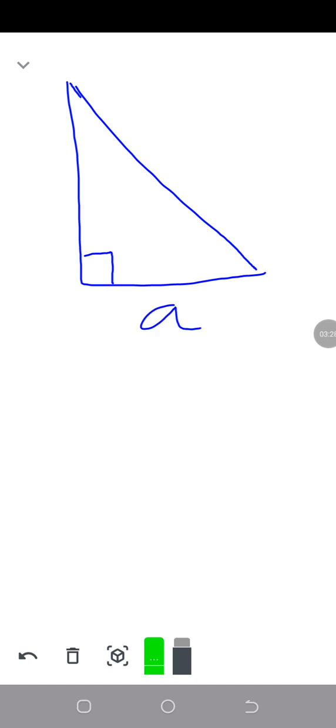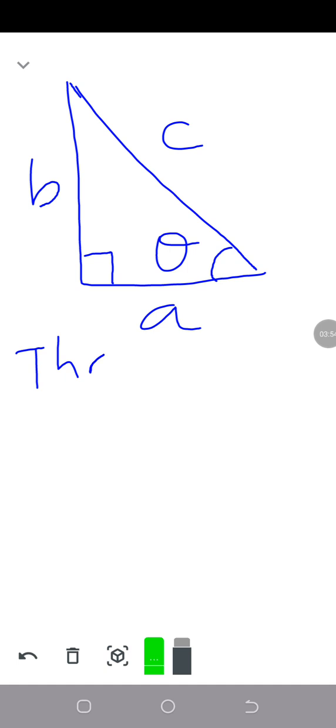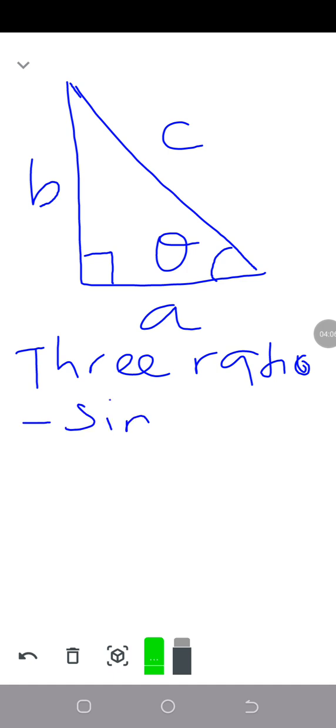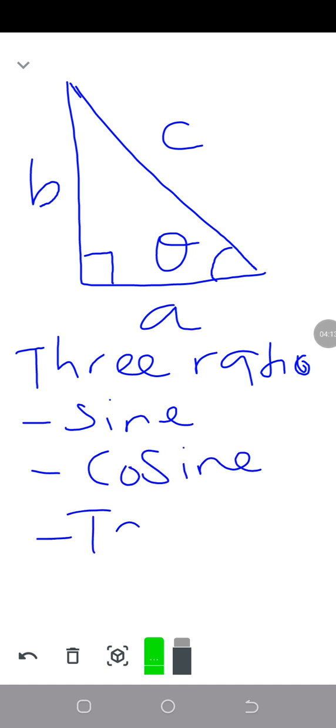If my adjacent is given A, the hypotenuse is C, and B is my opposite, meaning to the angle theta, we shall have to look at the 3 ratios of trigonometry, and that is sine, cosine, and tangent.